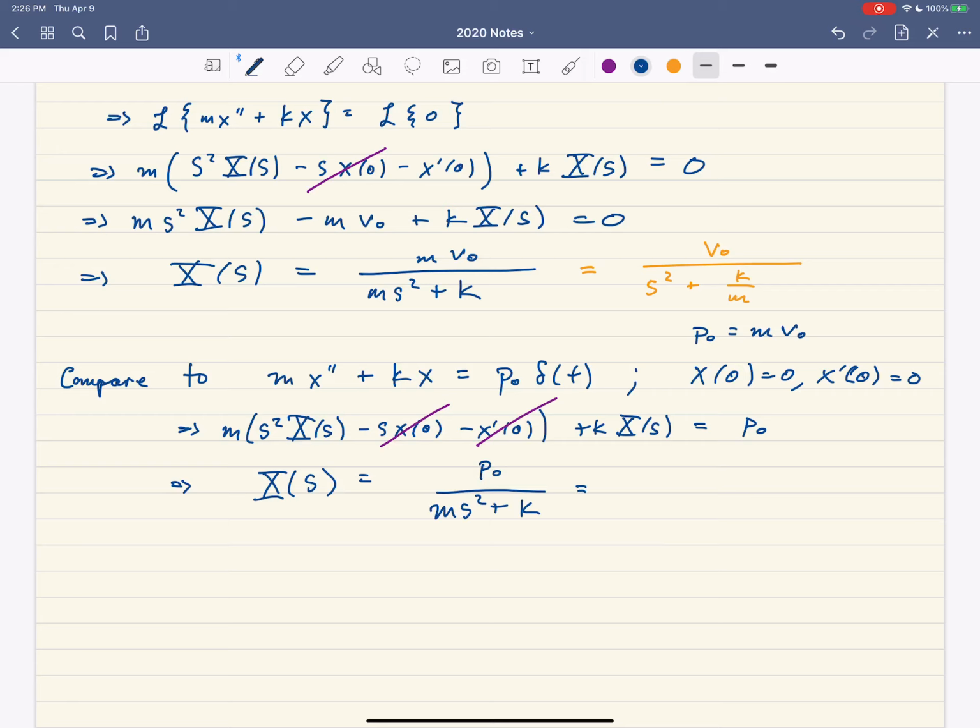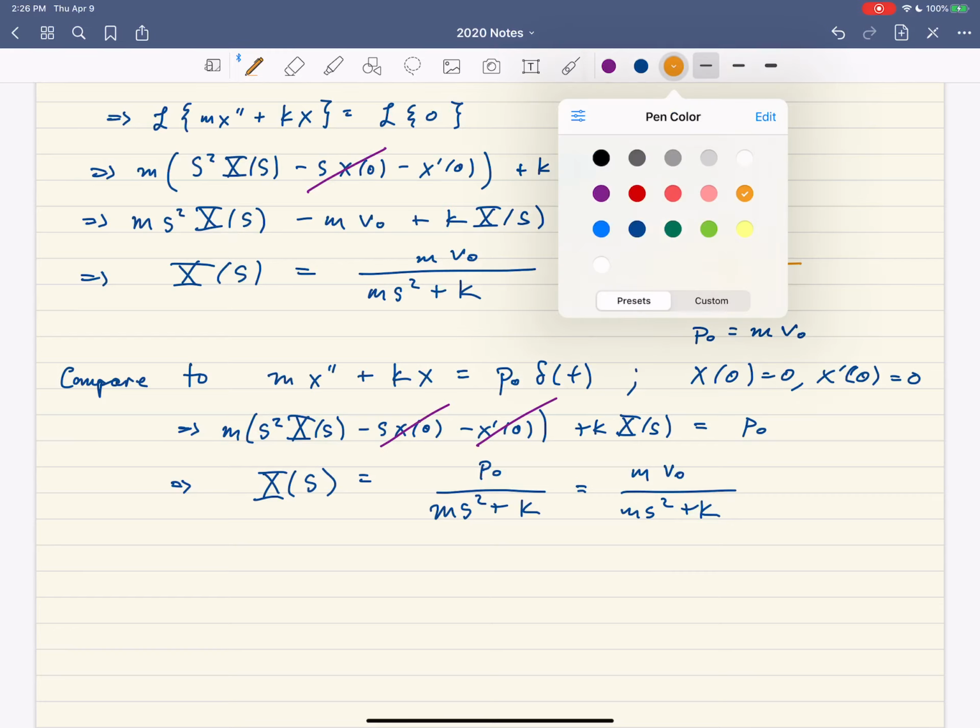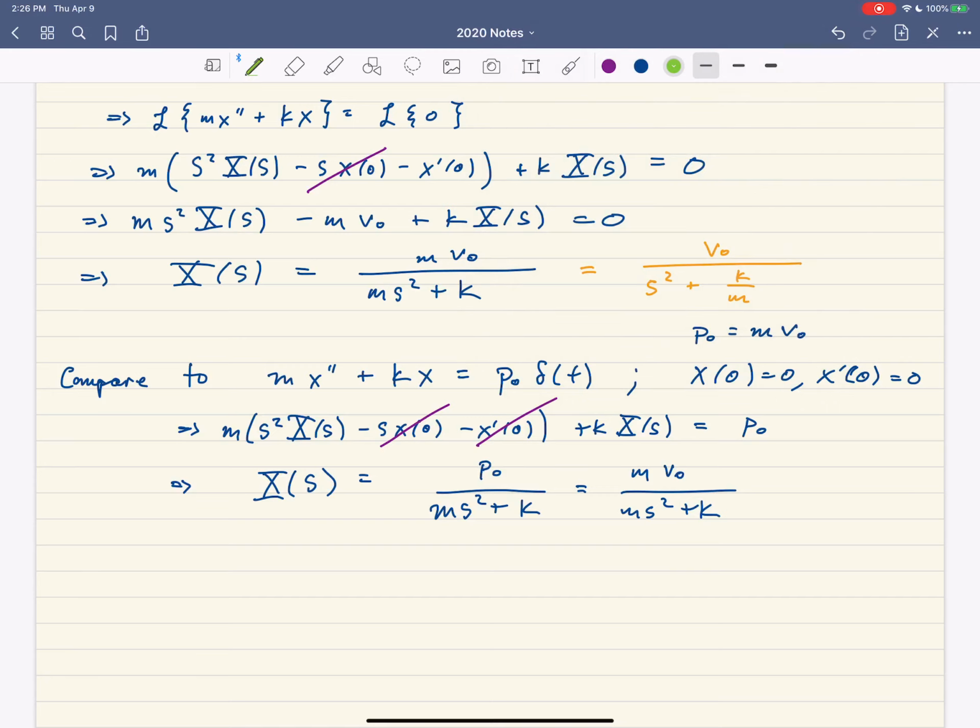Since P naught is our mass times our initial velocity, what I really want to emphasize is that if we look at these steps, we end up with the same Laplace transform, meaning we'll have the exact same solution to both equations.